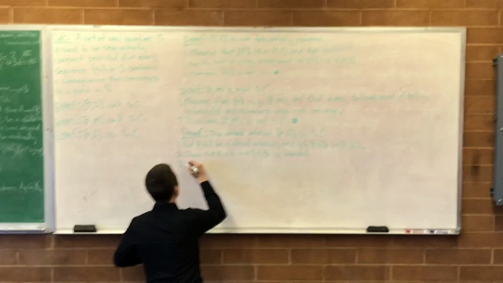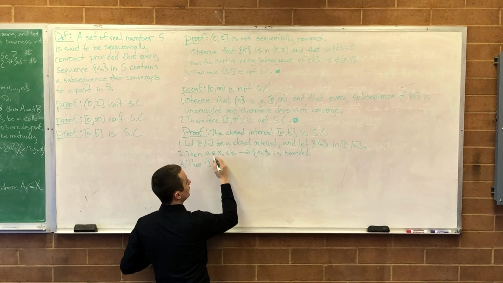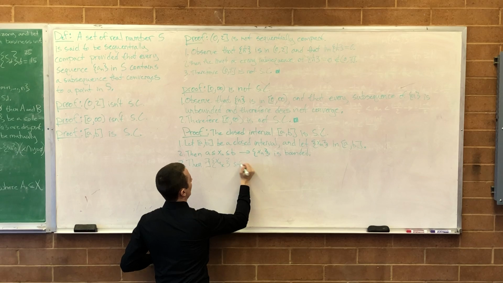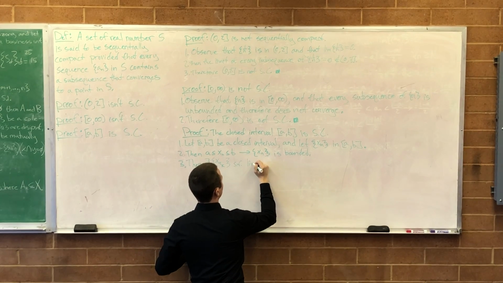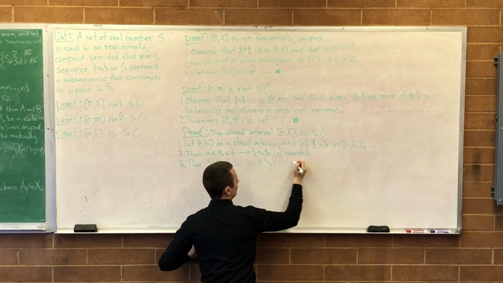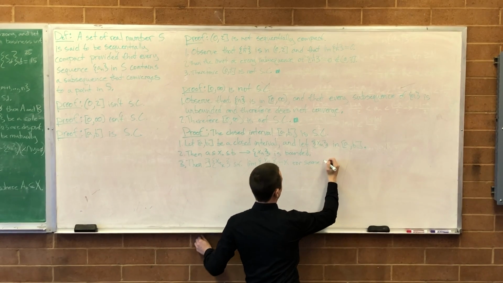So then we know there exists some subsequence x sub n sub k such that the limit of x sub n sub k is equal to x for some x in R. In other words, the limit exists.